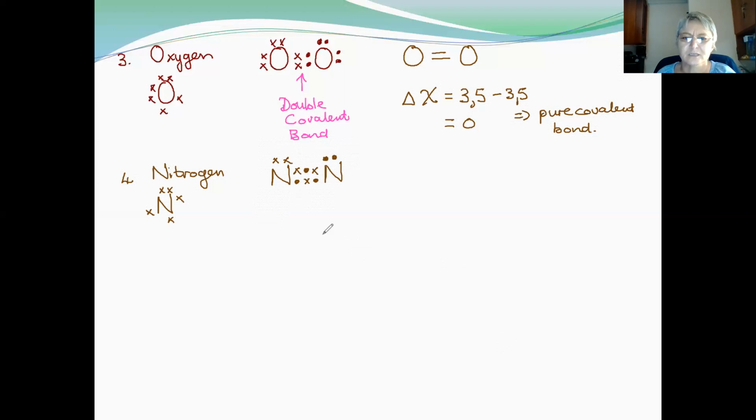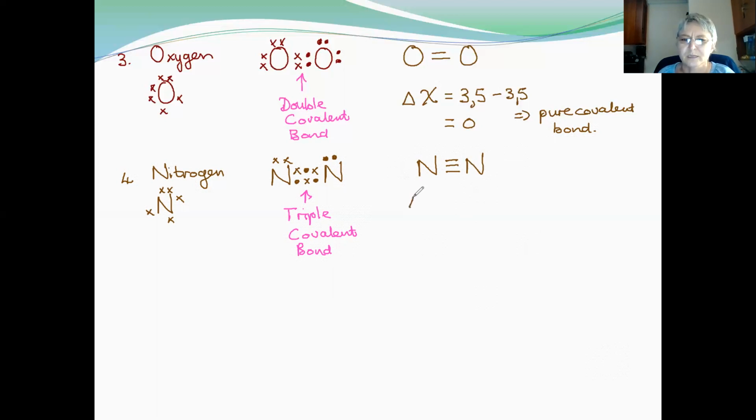That is an example of a triple covalent bond. The Cooper structure of the molecule would look like this. There would be 3 dashes between the 2 ends to indicate a triple covalent bond.